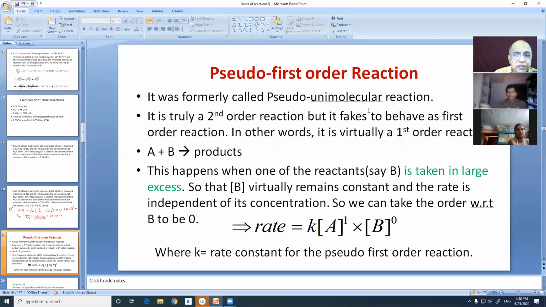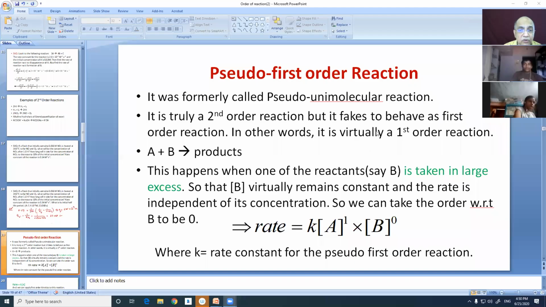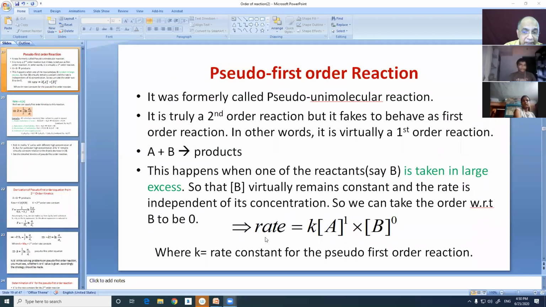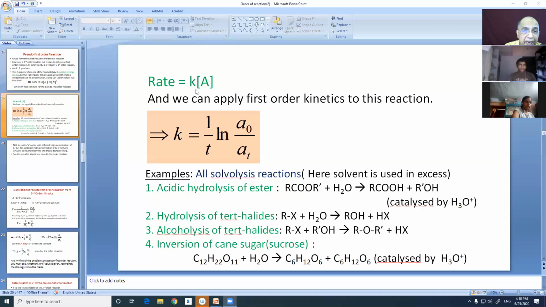So you write this down as quickly as possible. Now listen to me. If this term becomes equal to 1, 0 order with respect to B, then the rate equation becomes rate is equal to K into A. So we can apply first order kinetics to this reaction, and on integration we will find K is equal to 1 by t ln A0 by At.